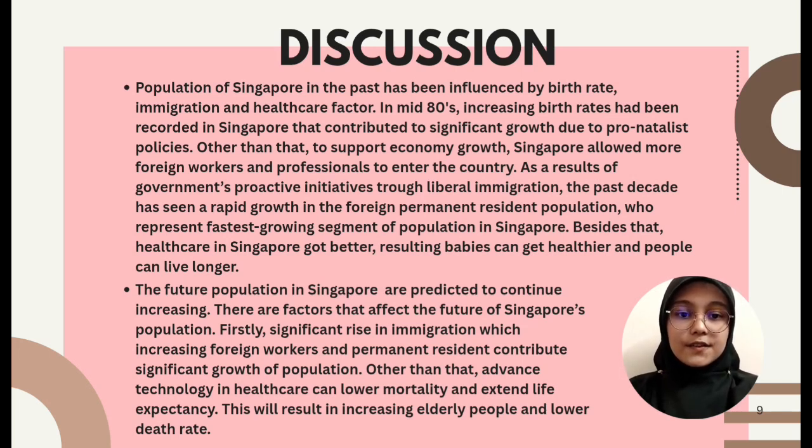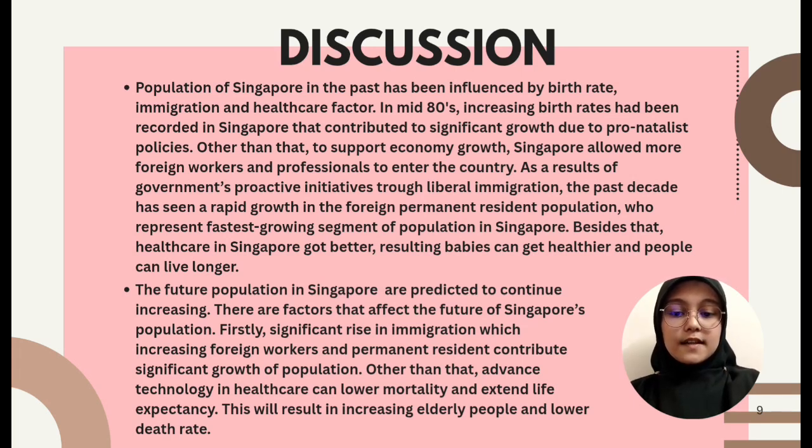Other than that, to support economic growth, Singapore allowed more foreign workers and professionals to enter the country as a result of the government's proactive initiatives through liberal immigration. The past decade has seen a rapid growth in the foreign permanent resident population, who represent the fastest growing segment in Singapore. Besides that, healthcare in Singapore got better, resulting in babies being healthier and people living longer.